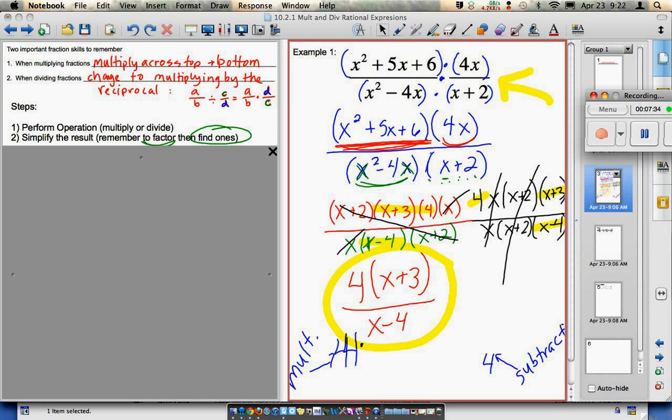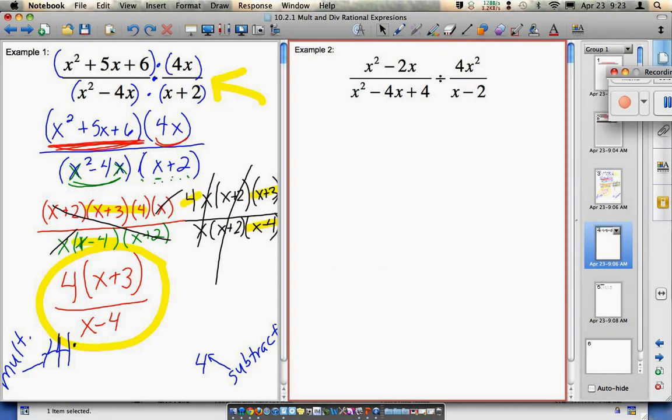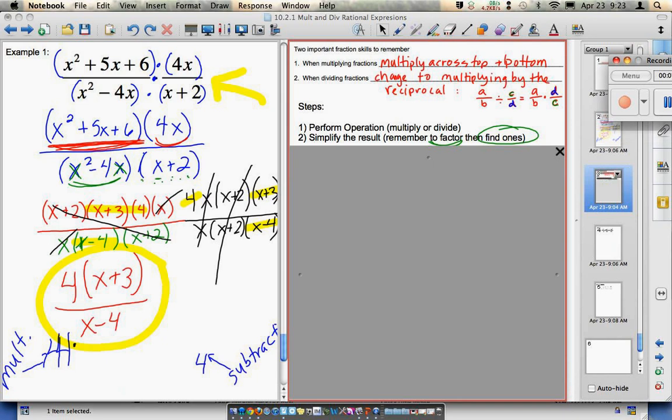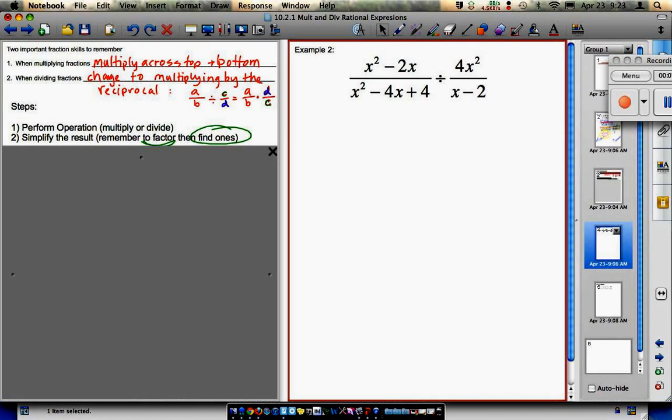So let's take a look at the next example. The next example, same first two steps that we see here. Same first two steps where we're going to multiply, we're going to perform the operation, then we're going to simplify. So in this case, though, I have division. So if I want to divide two fractions, I need to change the second one to multiplying by the reciprocal.